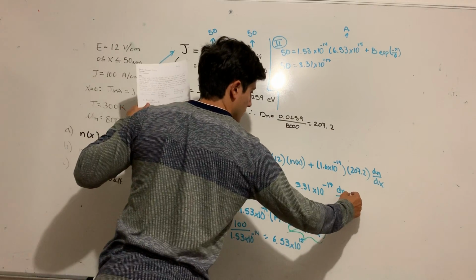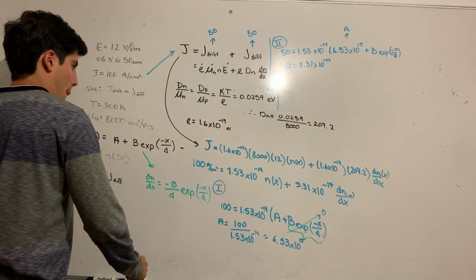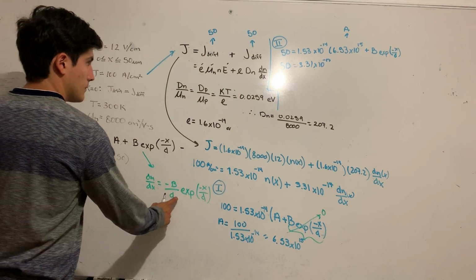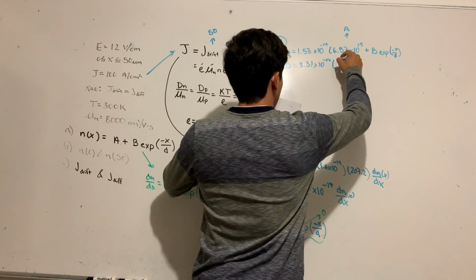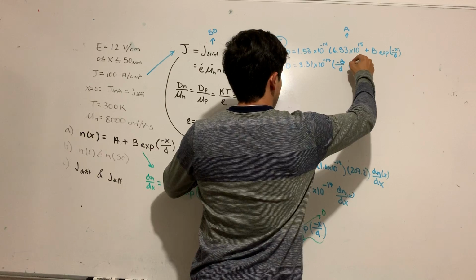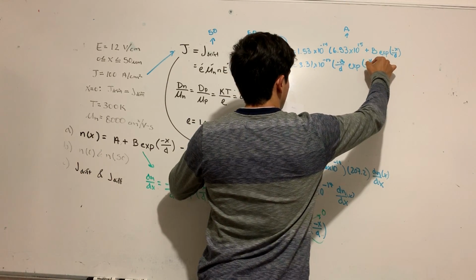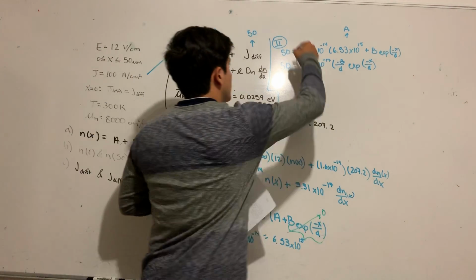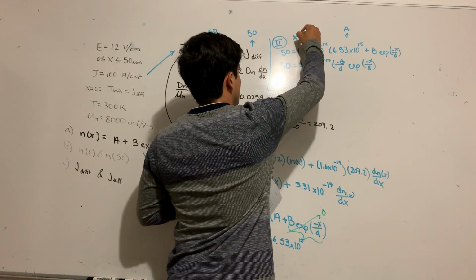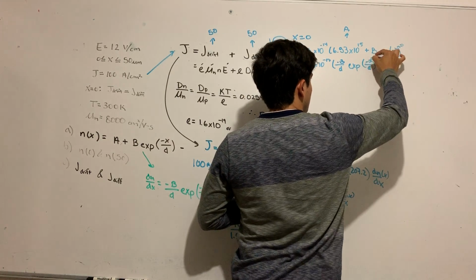Oh, I forgot to put the... So we're gonna put times minus b times d exponential of minus xd. So this occurs when x is equal to 0. So this is going to be 0. This is going to be 0.